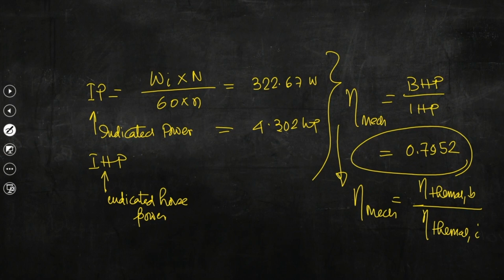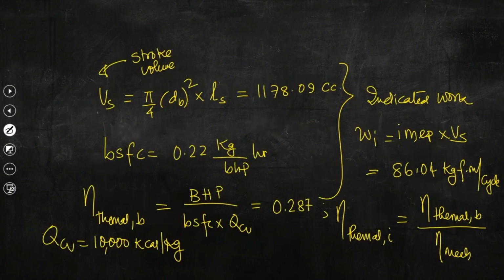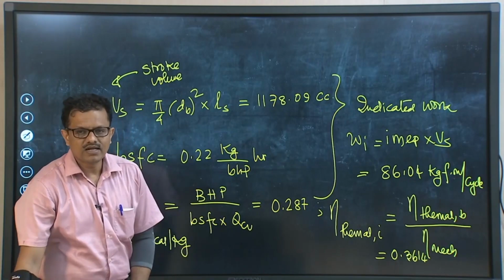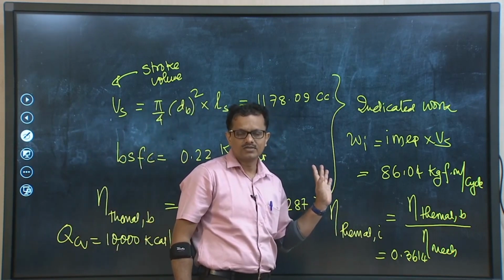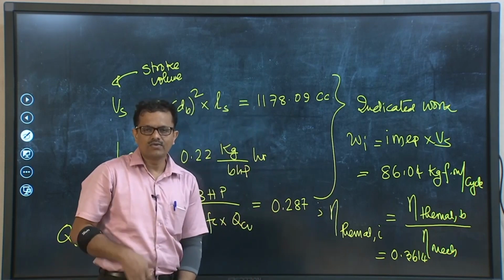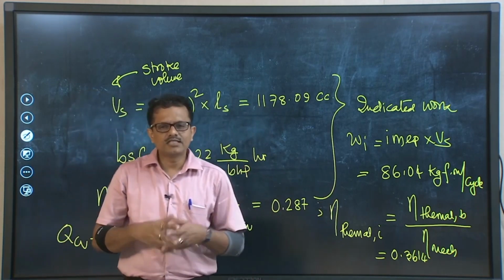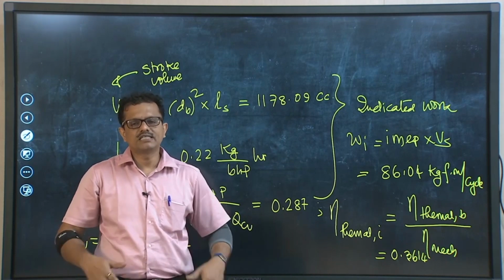So, knowing these two quantities, mechanical efficiency and brake thermal efficiency, we can calculate the indicated thermal efficiency, and it is coming as 0.3614, that is 36.14%. Definitely, indicated thermal efficiency is higher than the brake thermal efficiency, and that should be as per our expectation.